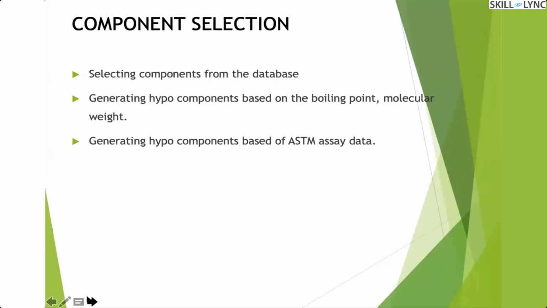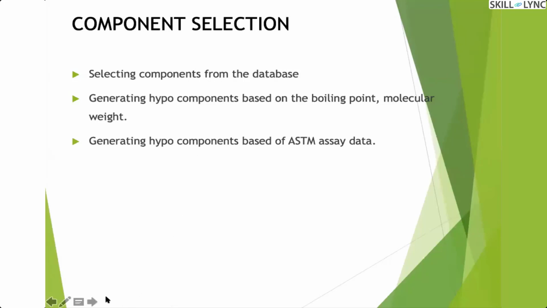In that case, it develops different boiling hypo components. It will name one NBP 50, which will be a set of components that boil at around 50 degrees Celsius. In that way, you can generate hypo components, which are hypothetical components that do not exist in reality, but will have a behavior similar to your component, which is a mixture of components.